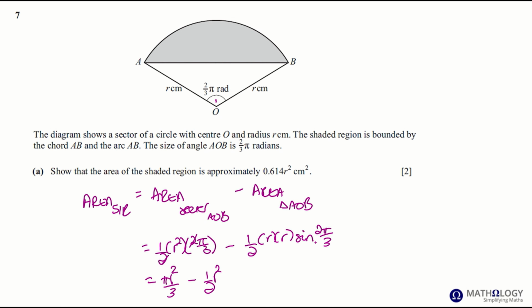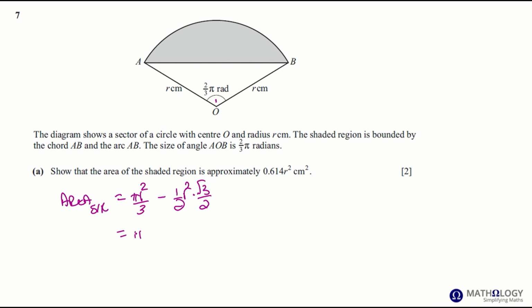Sine 120 is the same as sine 60, which is root 3 over 2. That's pi r squared by 3 minus root 3 over 4 r squared.